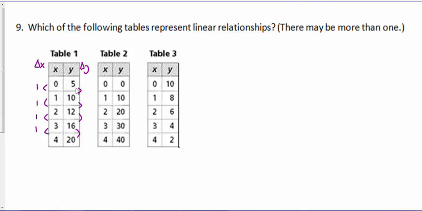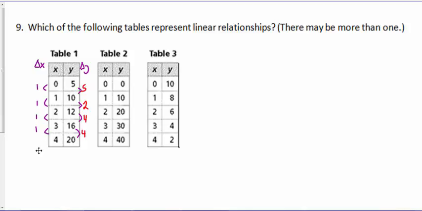Now, the really good thing about when your change in x is 1: if you have anything that is different over here in your y, then you can automatically say it's a non-linear relationship. Okay, so 5 to 10 would be a 5. 10 to 12 is a 2. And then 12 to 16 is 4. And 16 to 20 is 4.